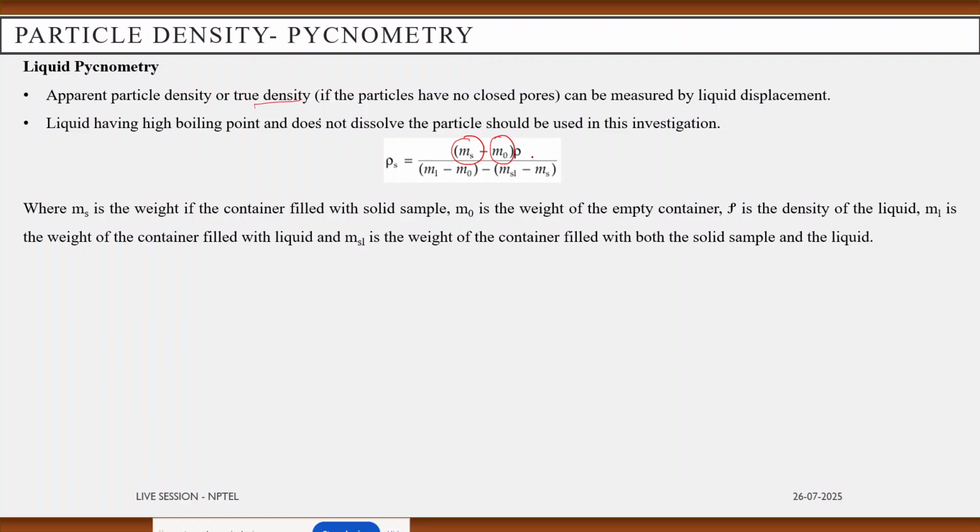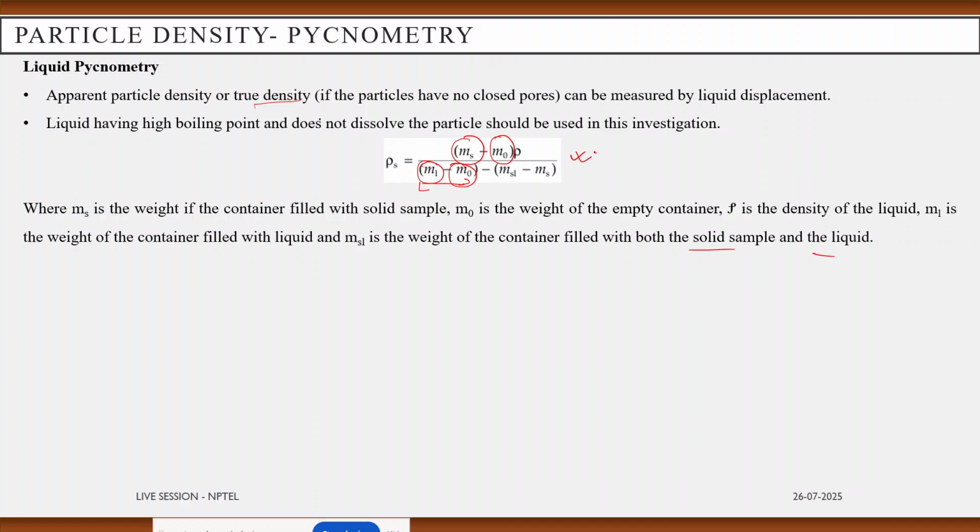This mass is multiplied by the density of the liquid that has been used, and this m_l is the weight of the container filled with liquid only minus the empty container weight m_0, and m_sl denotes the container filled with both solid and liquid sample.